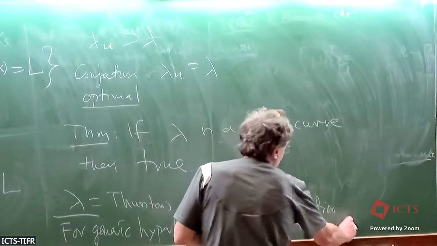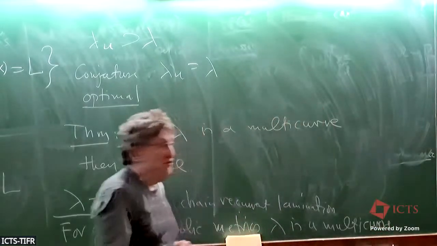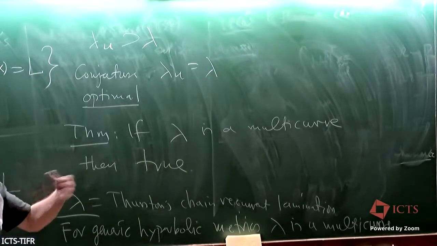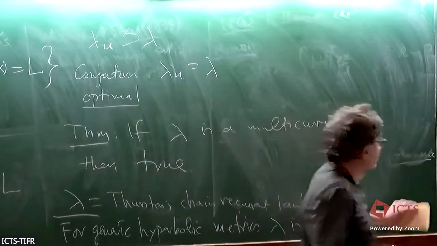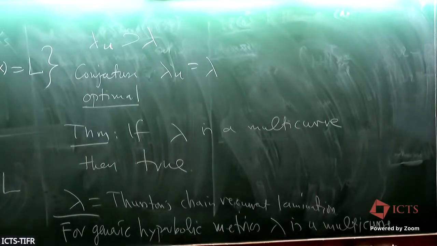So we have it for almost all of them, and we would like to prove it for all of them. If you're willing to perturb the metrics, you can always achieve that. So u is optimal, but we don't know in general. We only know it for this, which is again a theorem.